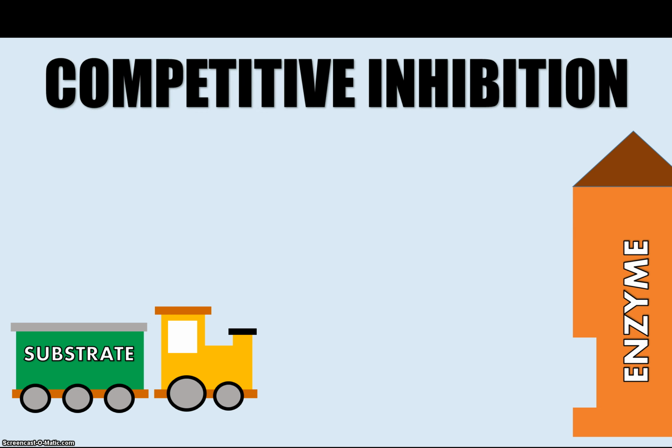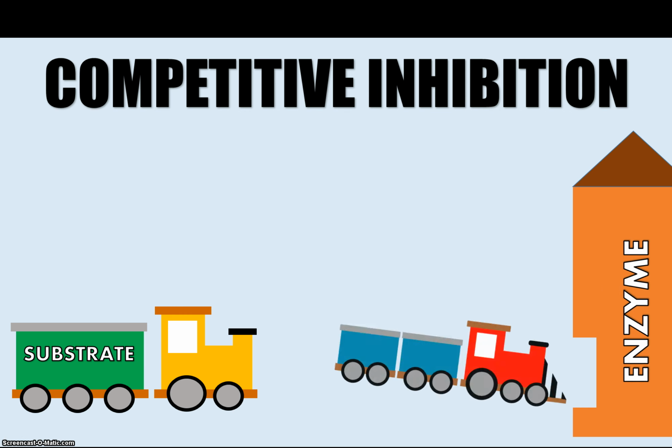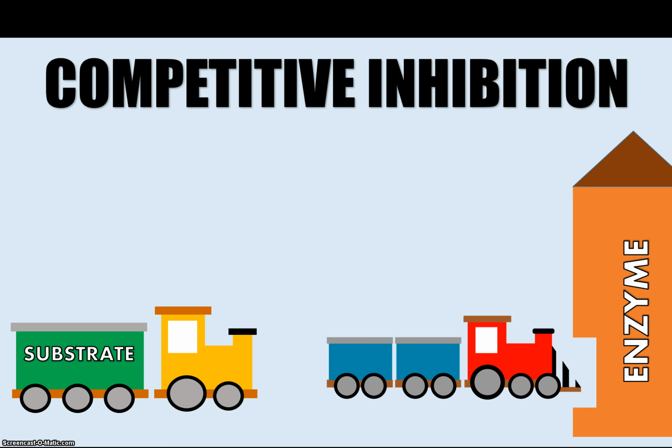So the first thing that we're going to do is competitive inhibition. Essentially, you have your substrate here, this train, and it is trying to get to the enzyme here to create the product, or the train station. And what happens is that another molecule comes up, an inhibitor, and it will block the way of the substrate.